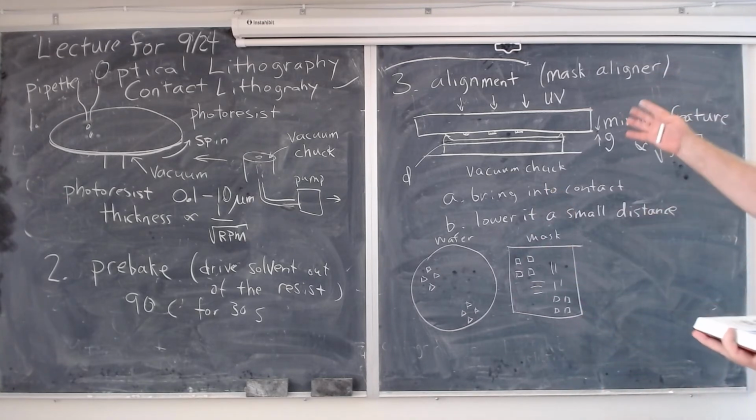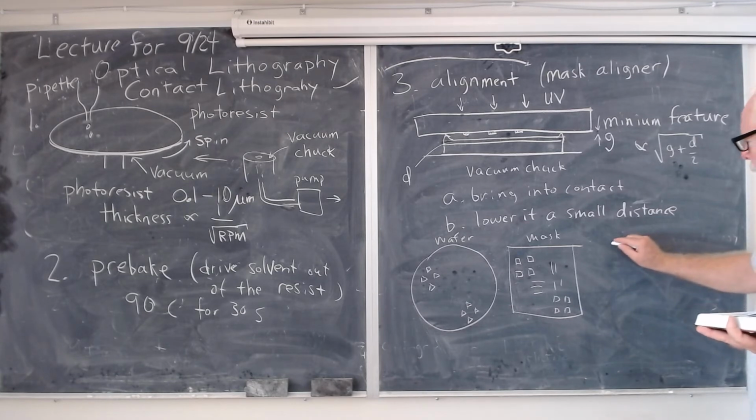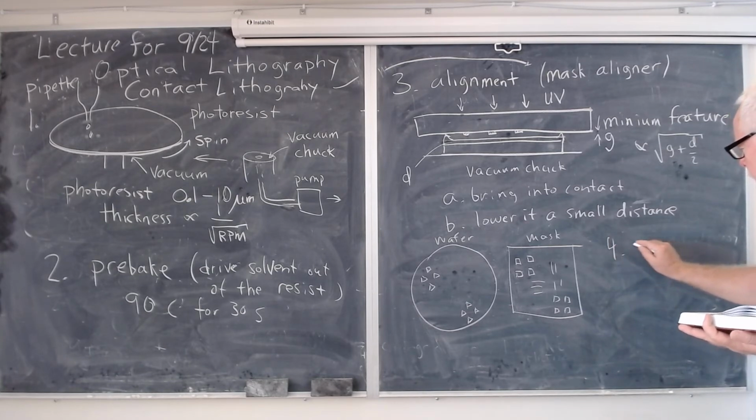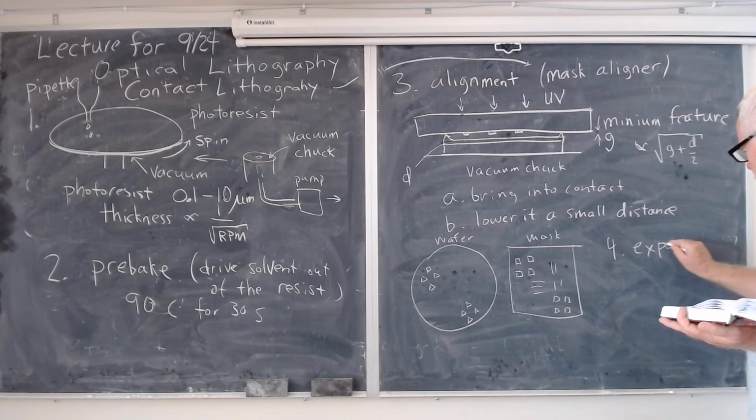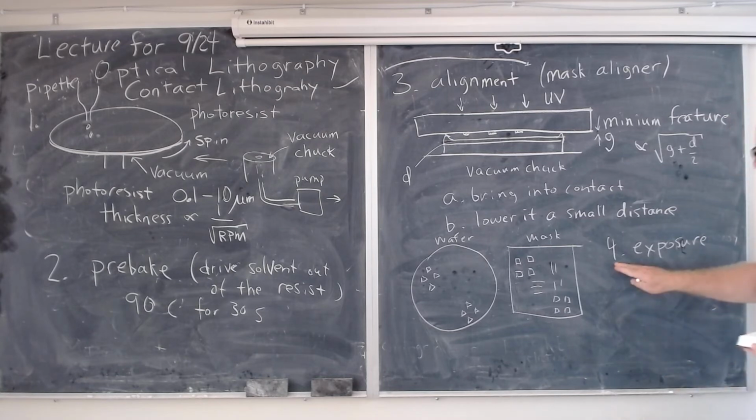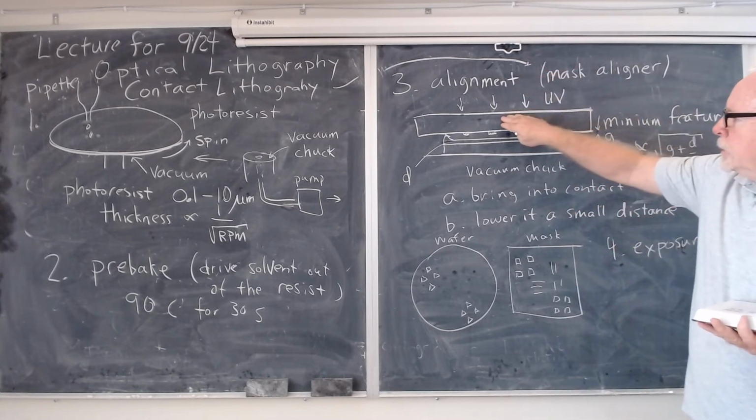All right, so step 3 is the alignment, and then step 4 is the exposure. Okay, so in step 4, it's brought into alignment. You shine light, UV light.